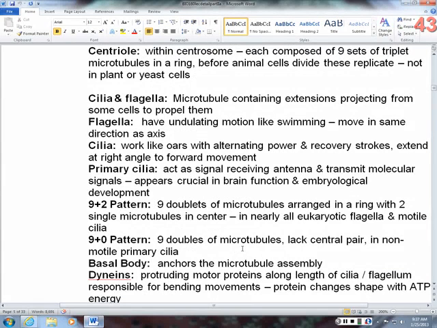The 9+0, you've just got the 9 pairs around the outside. And they have nothing in the middle. So that's going to be more in your non-motile primary cilia in there.